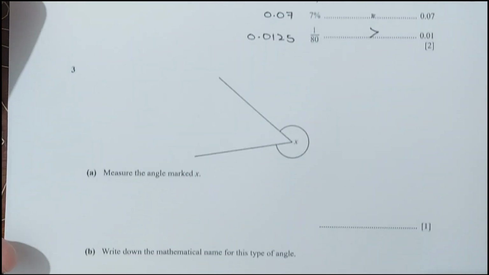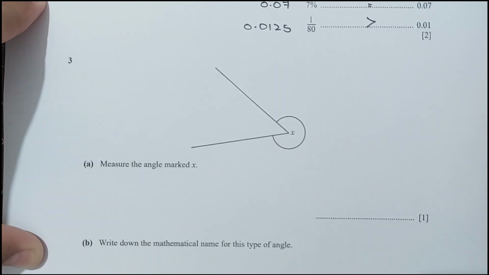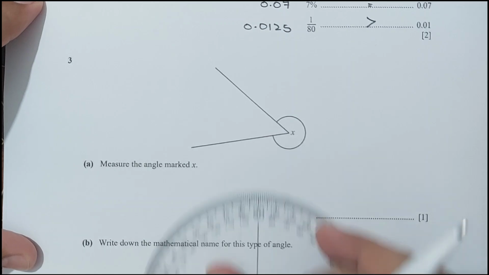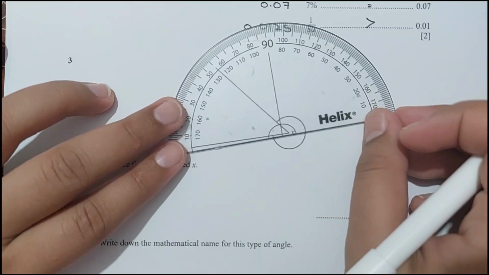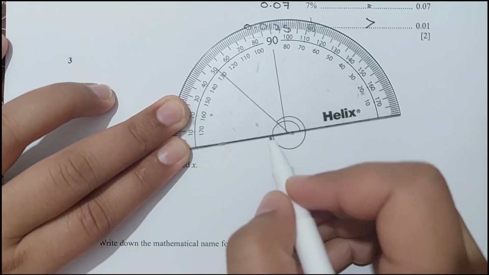Question number 3, part A: measure the angle marked X. Use a protractor for this. First we measure the angle in between.